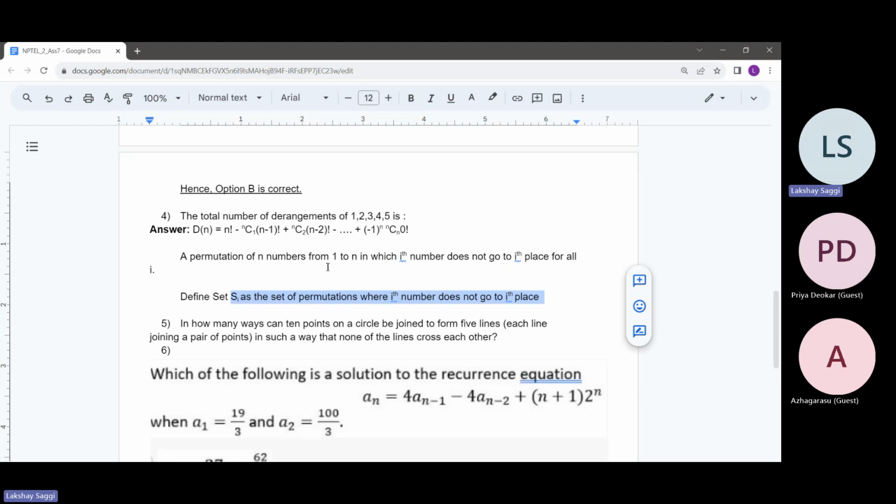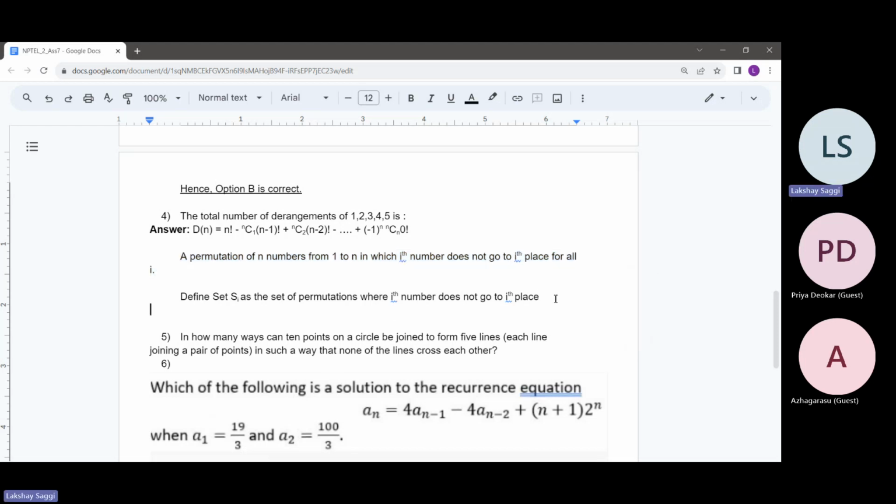And a derangement is a permutation where the ith number does not go to the ith place, and this should be true for all possible i. So what I'll now claim is that the set of derangements is equal to S1 intersection S2 intersection S3, and so on, intersection Sn.